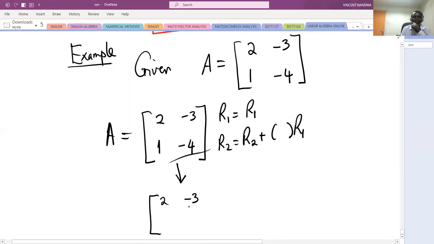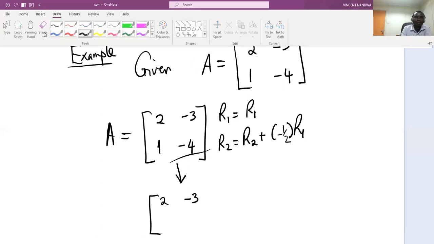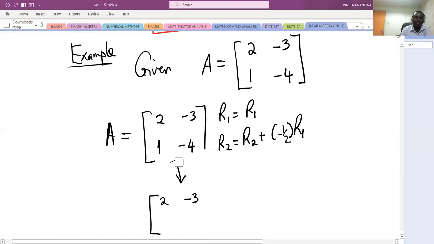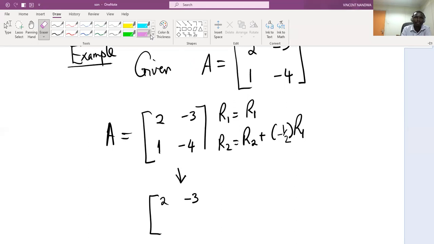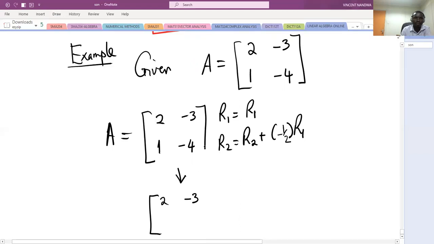So I'll get 0, and then minus 4 plus 3 over 2. That will give me minus 5 over 2.